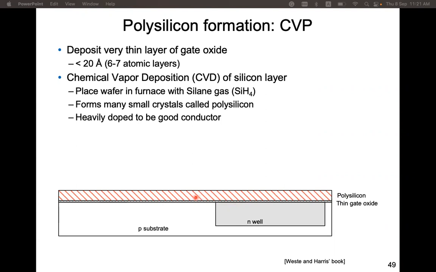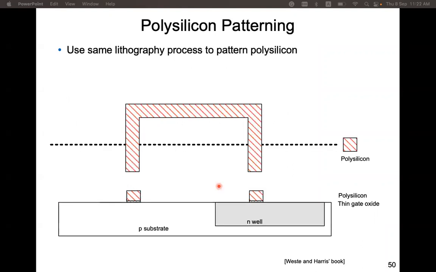Now to pattern this polysilicon gate layer, we'll go through the last cycle once again. So just go through that entire cycle.